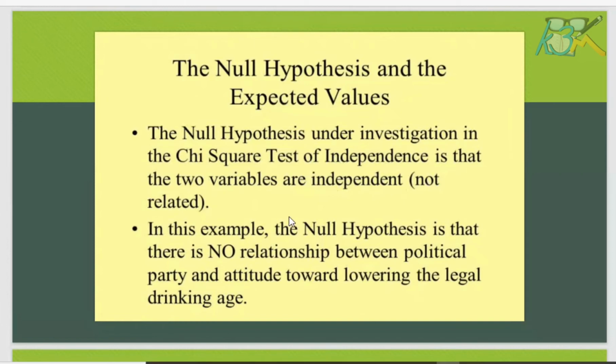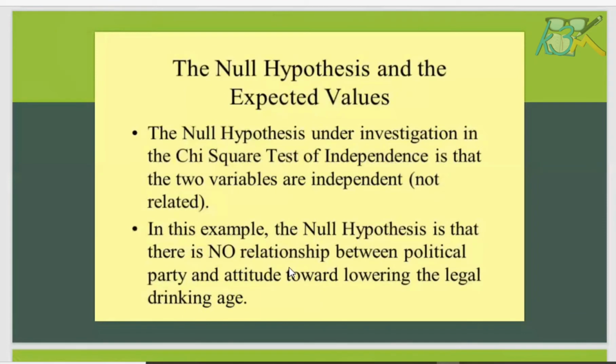So sa halimbawa natin, there is no relationship between political party and the attitude toward lowering the legal drinking age. So yung alternative hypothesis natin is simply tatanggalin mo lang yung word na no. So there is a relationship between these two variables.